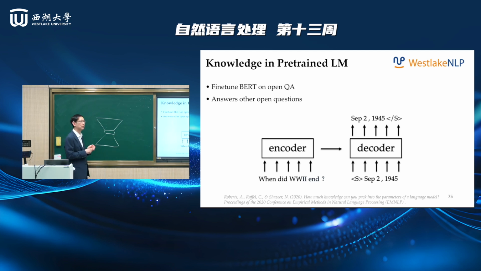That's the question, and the answer is maybe 1945, some date. We fine-tune a BART with some questions, and we look at whether BART can answer other questions. And people found that a pre-trained language model similar to BART actually can answer those. And they are very excited.